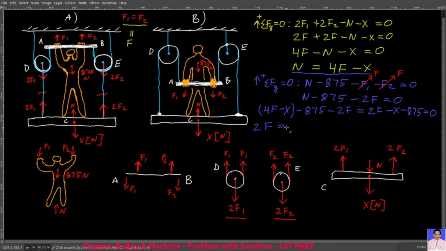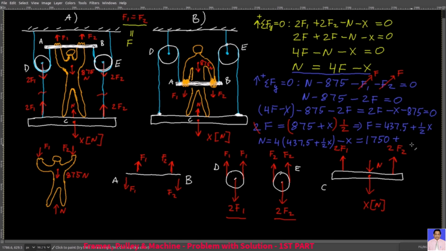So 2F equals 875 plus X. You can take this 2 and put it here, and so F equals 437.5 plus 1/2 times X. That means that this N here equals 4 times F minus X, or 4 times all this minus X. In the end, that will give you 1750 plus X newtons.